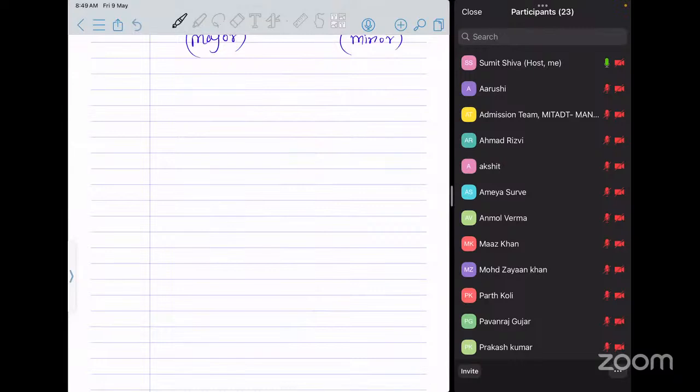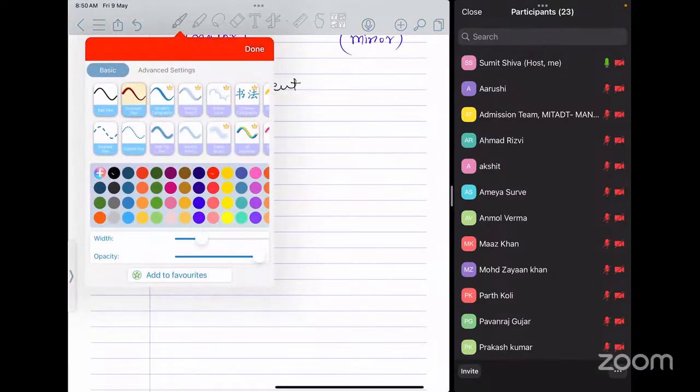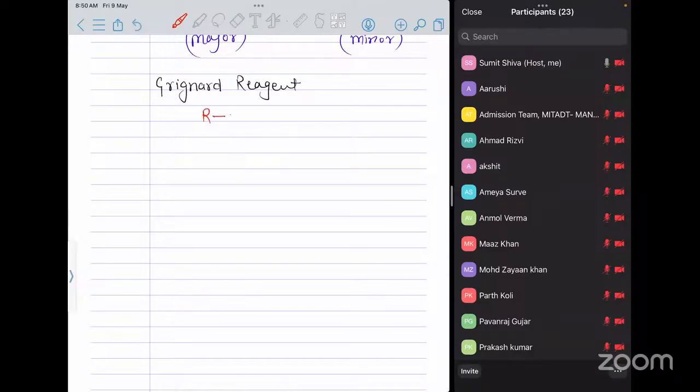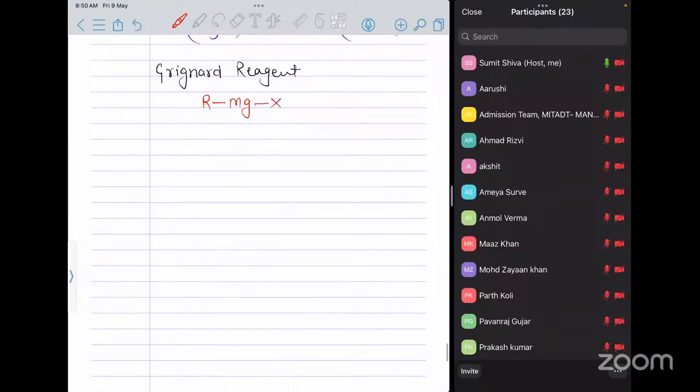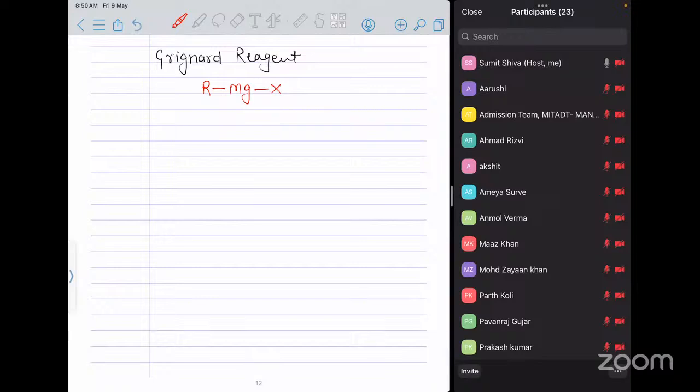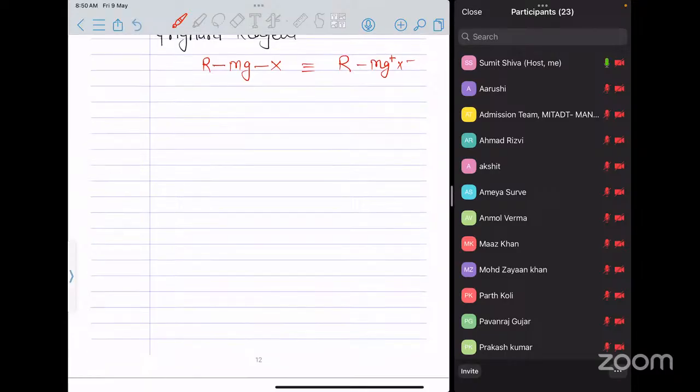Another important reaction is the Grignard reagent, which is RMgX, which can also be given as RMg plus X minus, or we write it as RMgX.